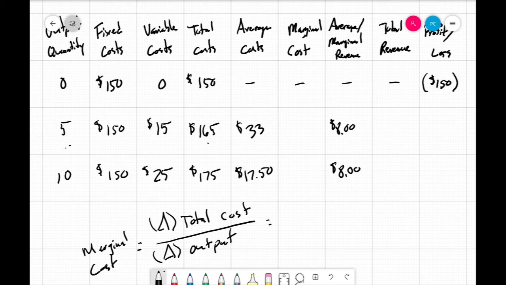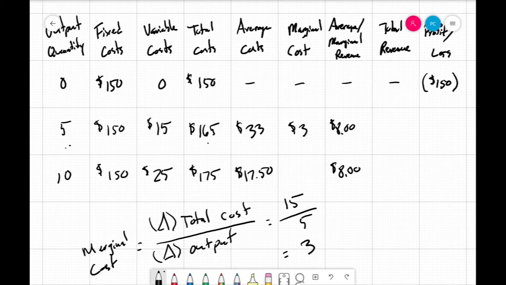Here's your total cost, and this was before. You get 165 minus 150, so that's a change of $15. Your change in output, you went from 0 to 5, so that's 5. So $3 would be your marginal cost for that one.